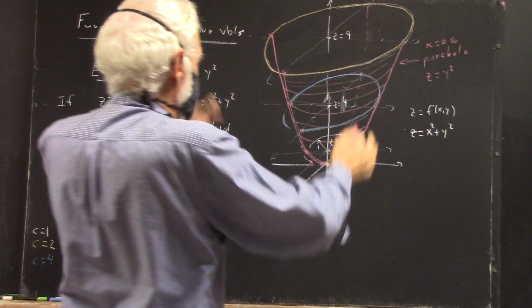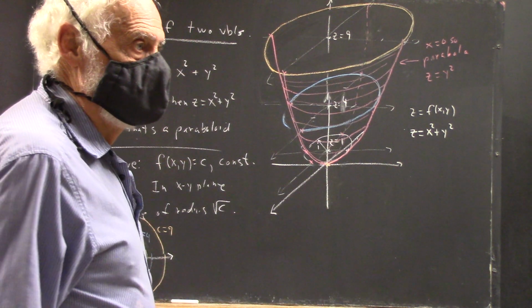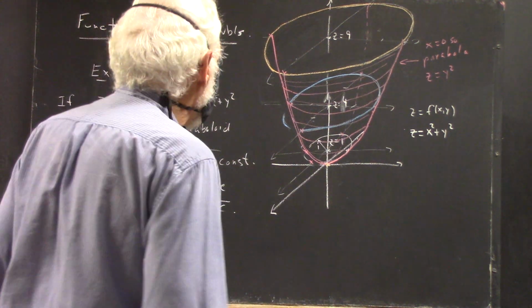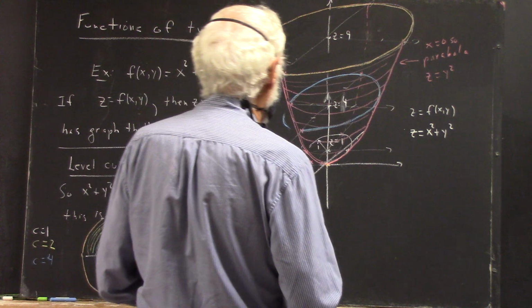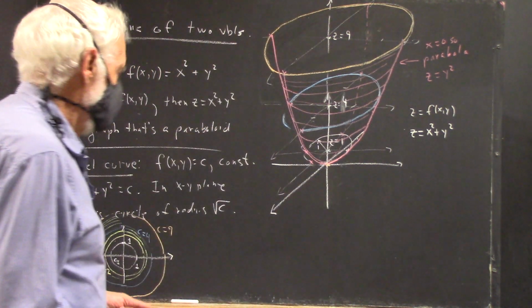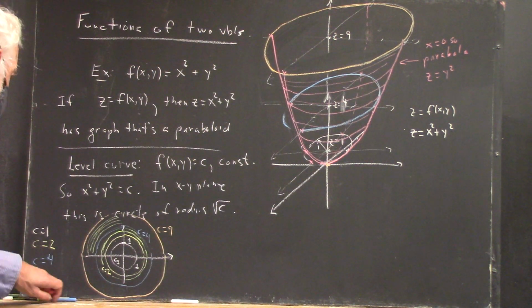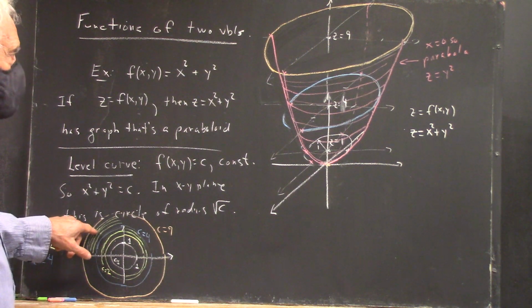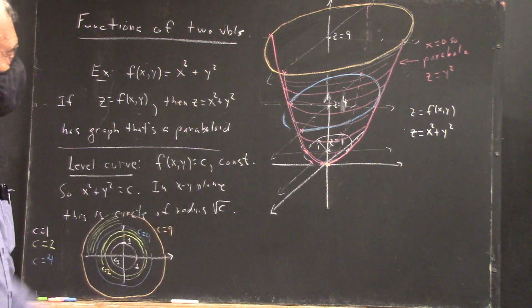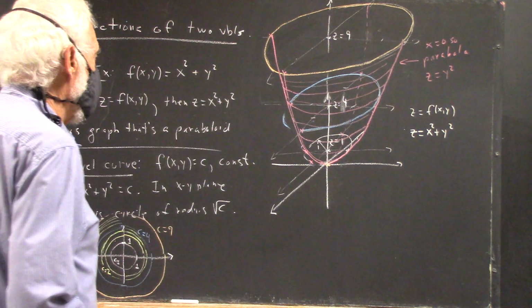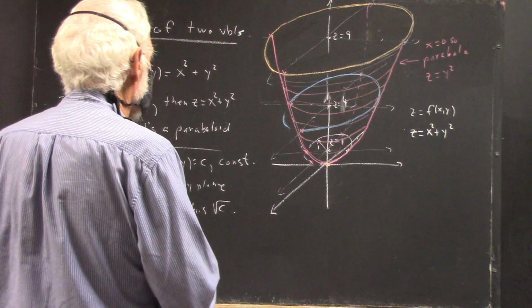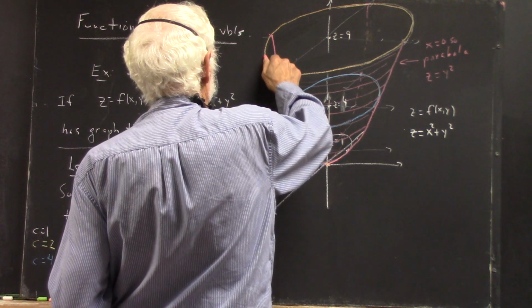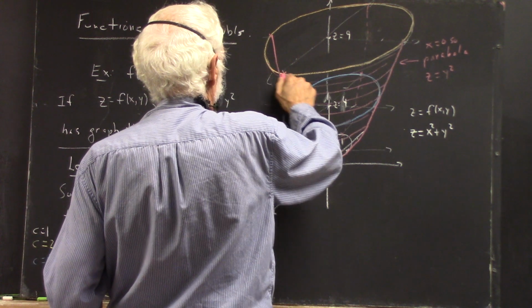It gives you the idea of a paraboloid. Okay, so we go from level curves to a reasonable graph of the function. And of course, we'll actually come out with something like this.